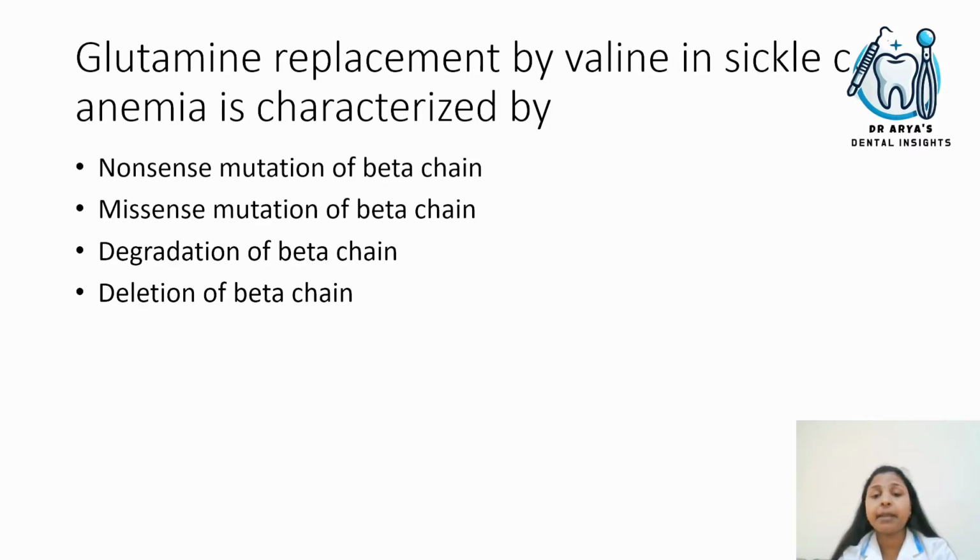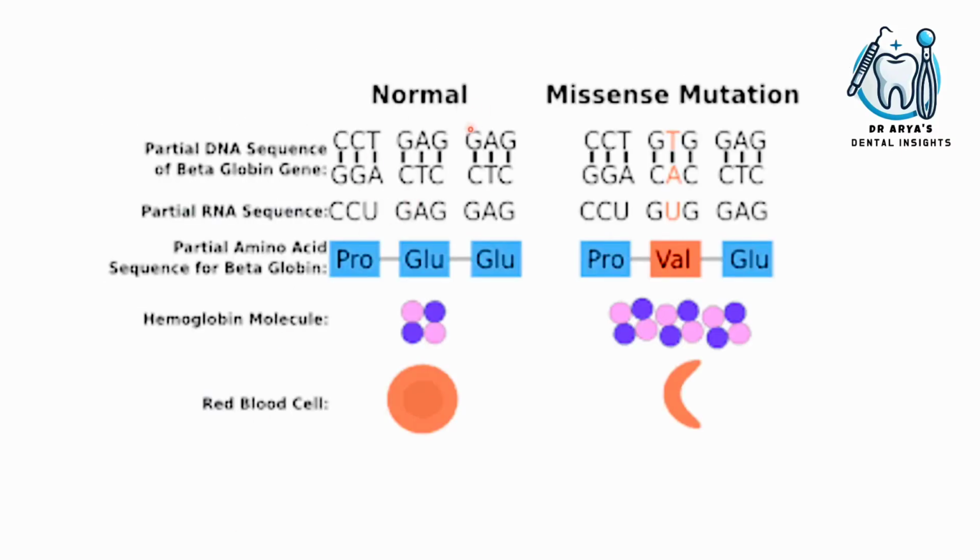Glutamate replacement by valine in sickle cell anemia is due to, is it nonsense mutation of beta chain or missense mutation of beta chain or degradation of beta chain or deletion of beta chain? So this is the normal pattern. Here this is the partial DNA sequence of the beta globin gene, and the partial RNA sequence.